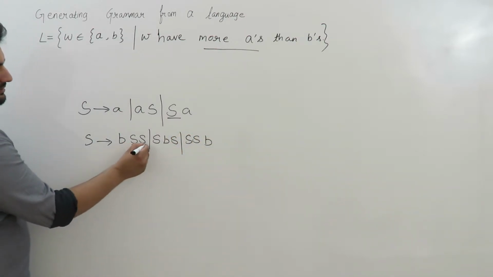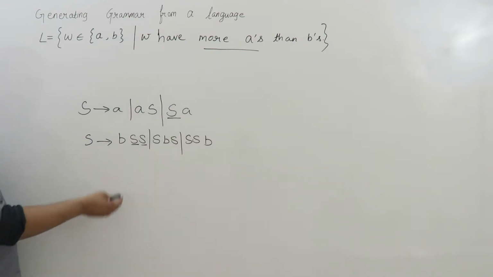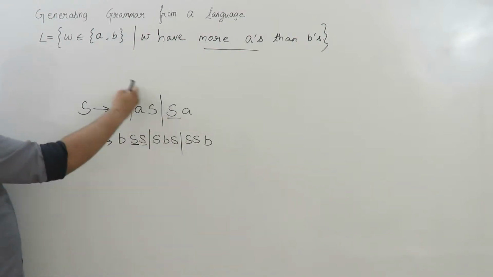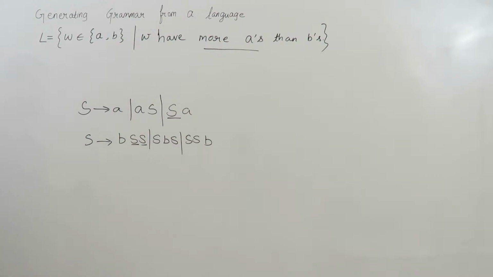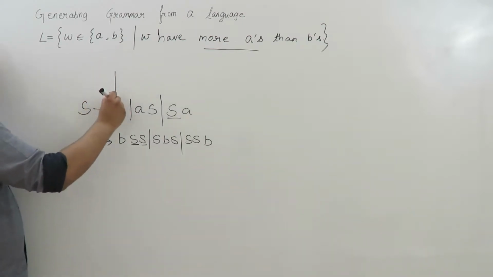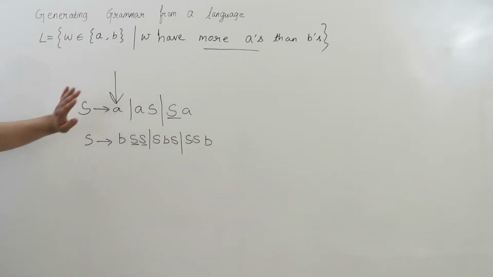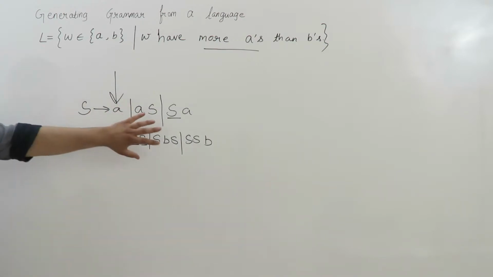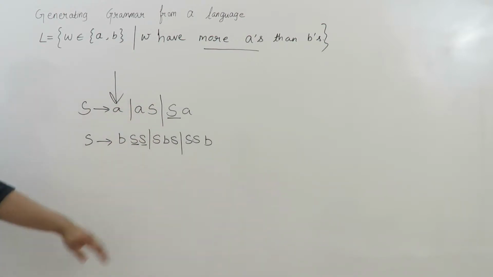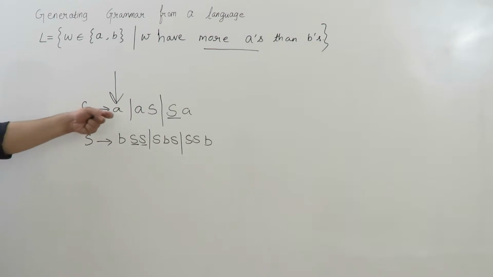In place of this S and this S, we can substitute anything from these productions. One thing of concentration is that we will stop only by substituting a terminal A, because we don't have any other terminal that can stop our string. In the last we have to substitute this A somewhere, which will increase the number of A's in our string.